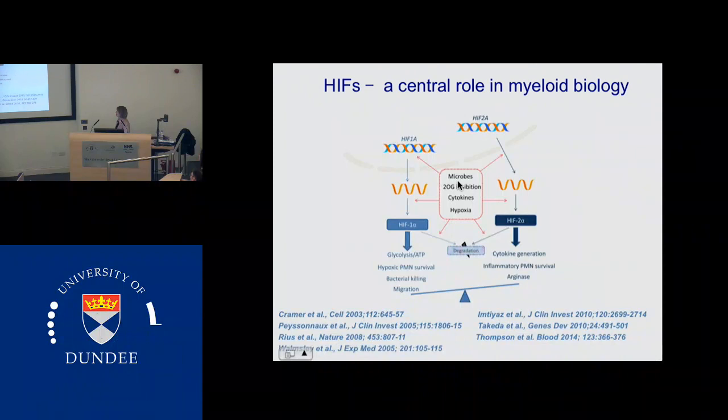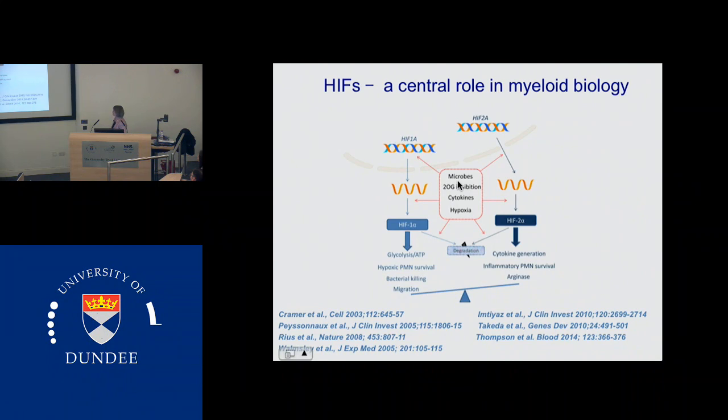It's known in a number of cell types that HIF1 alpha markedly influences important cellular processes, including metabolism, killing of bacteria, and cellular migration. And in the case of neutrophils, we know that HIF1 alpha is required for that survival signal in hypoxia. So I'm going to come back and talk about HIF1 alpha.